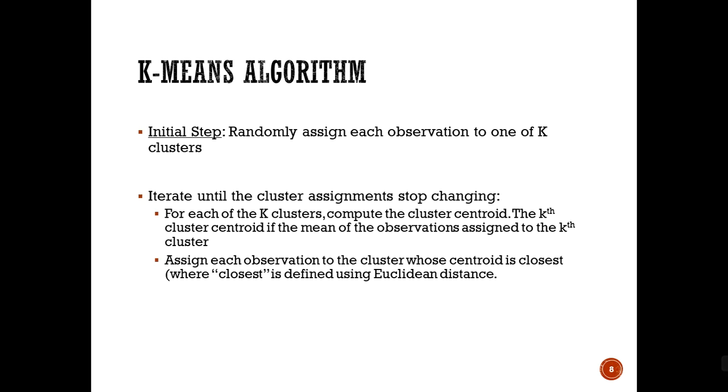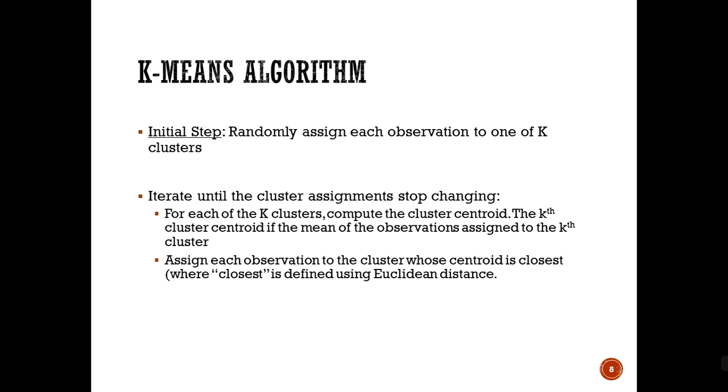With these new centroids, we compute our new assignments, and we alternate back and forth until hopefully things settle down. And the solution is the k-means clustering. The solution we want is the assignment of points to the groups.